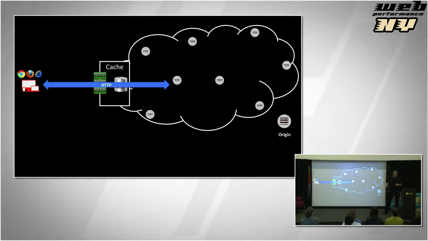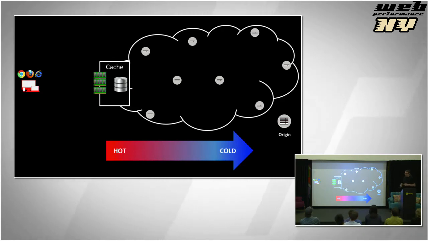This is essentially what I call, nobody else calls it this, the heat or temperature of the object. The closer the object is to the edge, the more likely it is that it's really hot, being fetched very, very frequently by the users. And as it gets less and less hot, it becomes cooler, and it's likely being fetched a lot less by the users. So this is the temperature of the object.